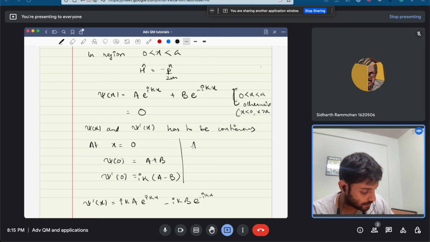And at x equal to a, psi of a is equal to a e to the power i k a plus b e to the power minus i k a.